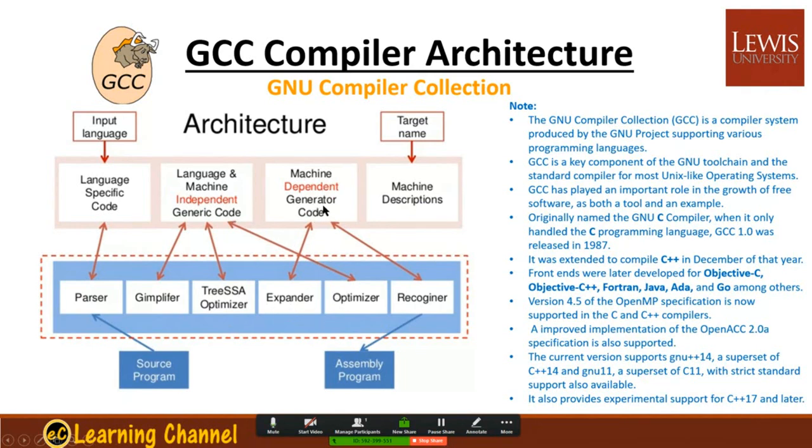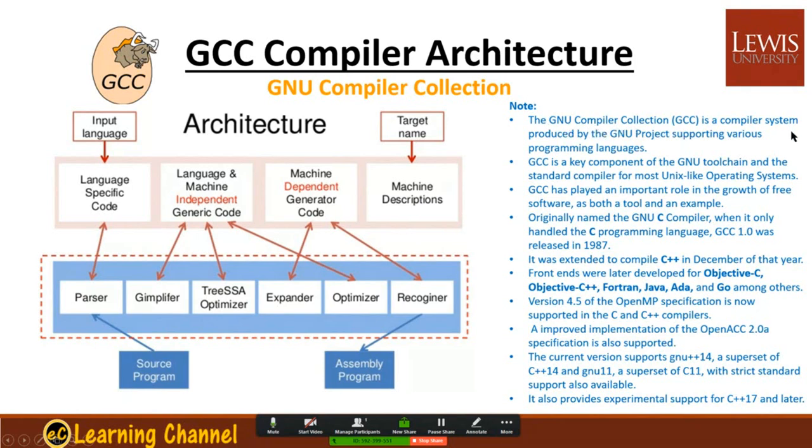Then you move to the machine-dependent code generation and recognition, and your target machine provides a spec that participates in the later stage, and eventually it generates your assembler. So it is way more complicated than the simple 6-stage description.